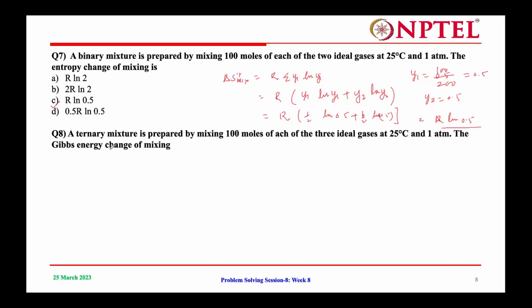Now the next question: a ternary mixture is prepared by mixing 100 moles of each of three ideal gases at 25 degrees Celsius and 1 atm. The Gibbs energy change of mixing. The concept is the same. Okay, one minute, also calculate.